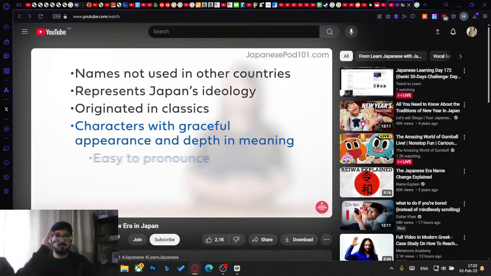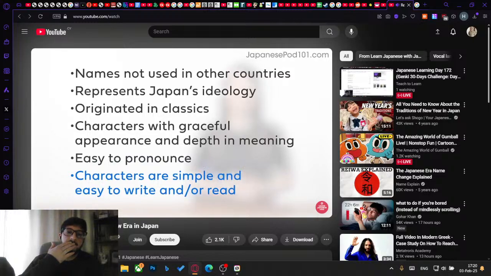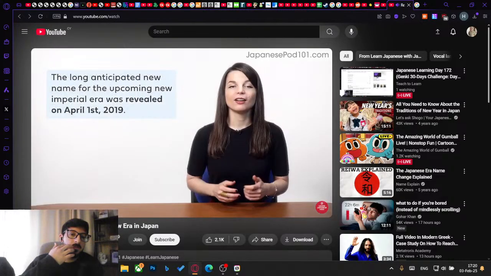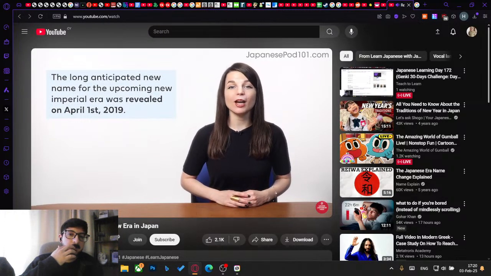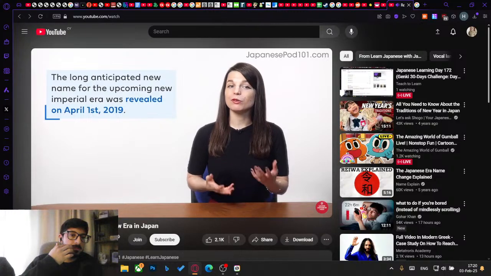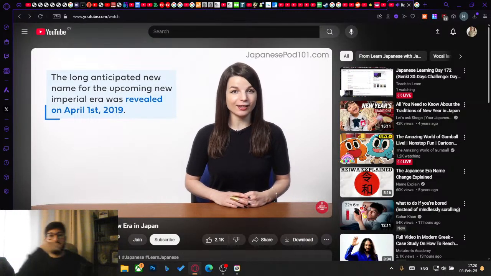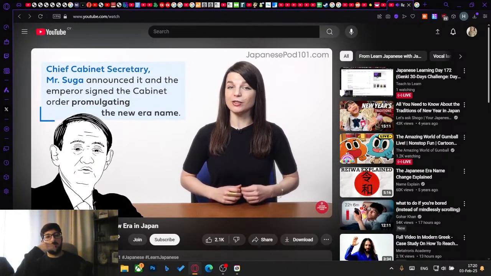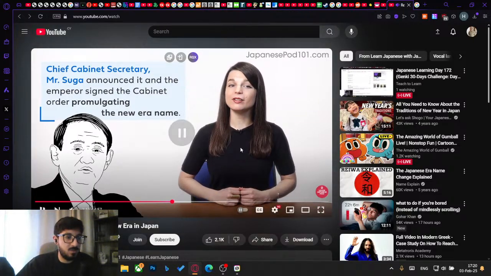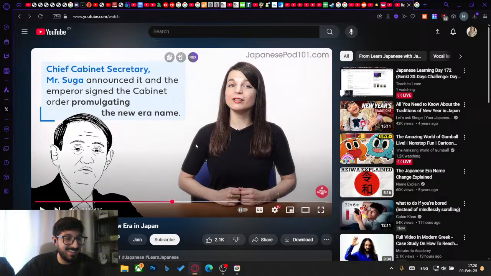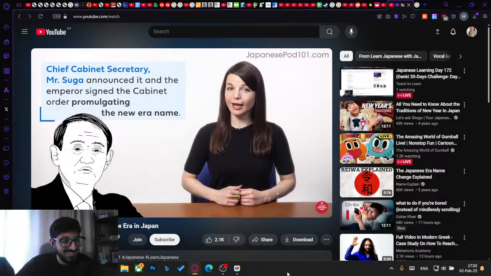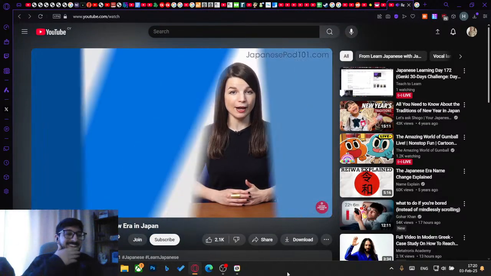In meaning. Easy to pronounce. Characters are simple and easy to write and or read. The long-anticipated new name for the upcoming new imperial era was revealed on April 1st, 2019. Chief Cabinet Secretary Mr. Suga announced it, and the Let's just say they wouldn't allow Shin-chan to pick the era name. signed the cabinet order promulgating the new era name.